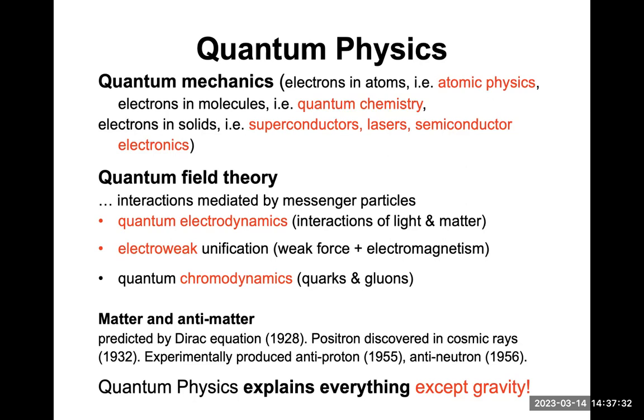And now we talk about the standard model, understanding all the forces in nature at the lowest level. The only thing that is still missing is gravity. And that was Einstein's obsession. Nobody has been able to incorporate gravitational forces into quantum physics.